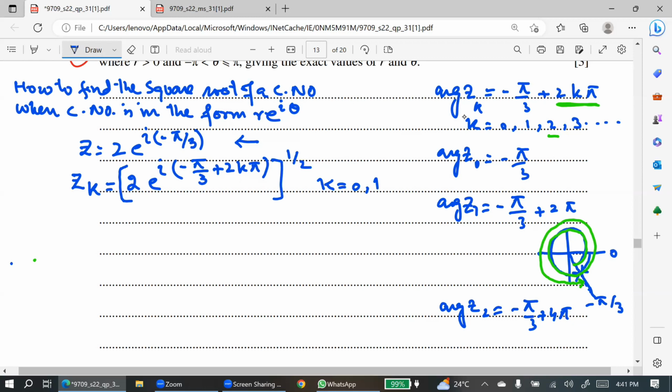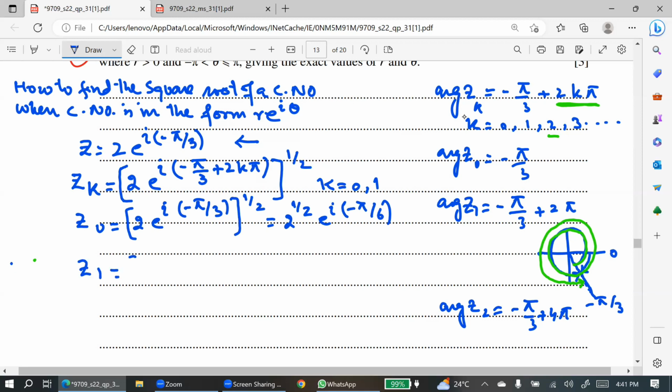Z0 is 2 e raised to iota minus pi by 3, power 1 by 2, is equal to 2 power 1 by 2 e raised to iota minus pi over 6. This one is 1 square root.